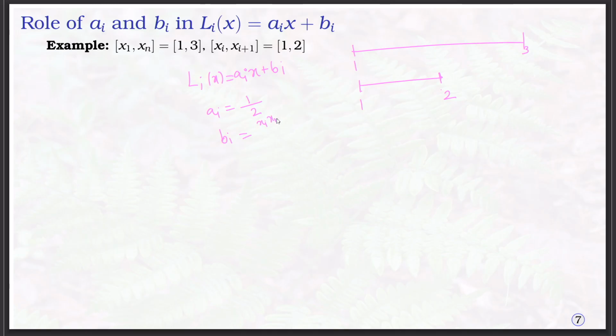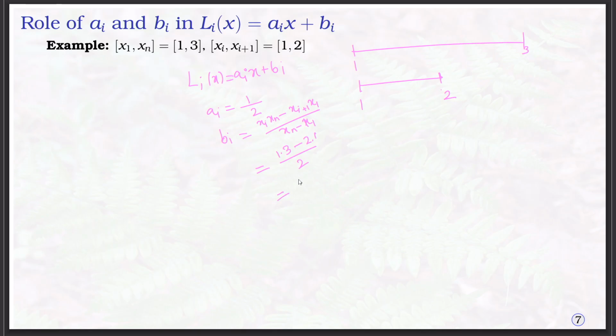That means (xn − xi + 1) and x1 over the length of the whole interval. The denominator, the whole interval, is 2; in the numerator xn is 3, xi is 1, xi plus 1 is 2, and x1 is 1.